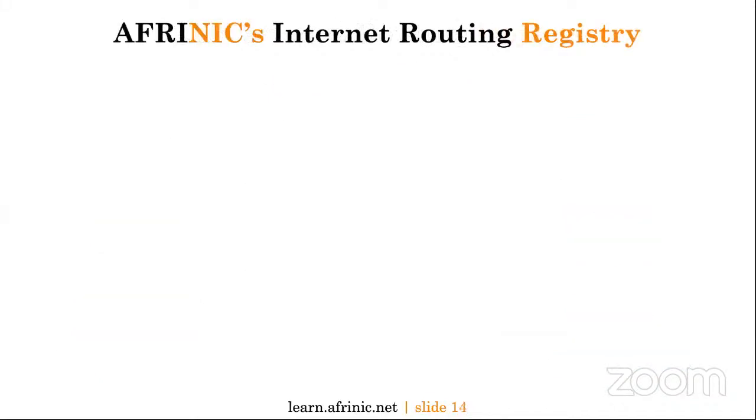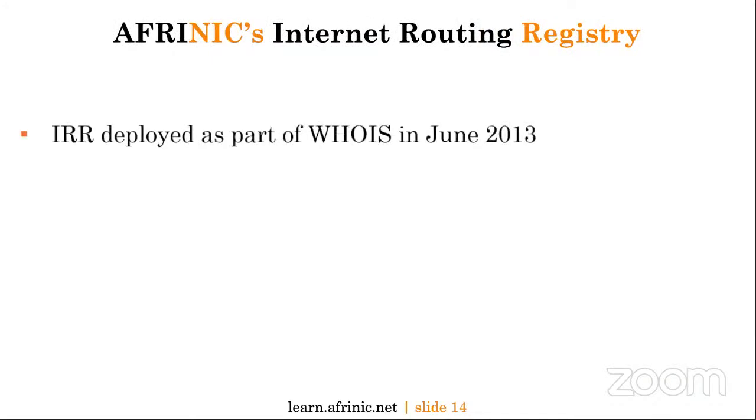So the AFRINIC Internet Routing Registry was deployed back in 2013, and it was integrated with the Whois service. This was easier because the Whois database already contains maintainer objects for security purposes, technical contacts, person objects, and role objects. The routing registry was integrated into that.